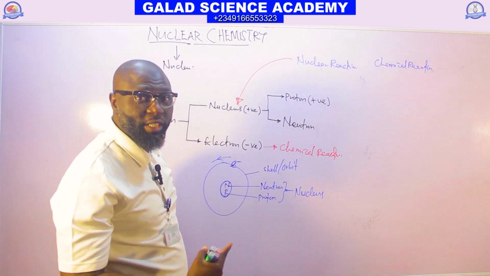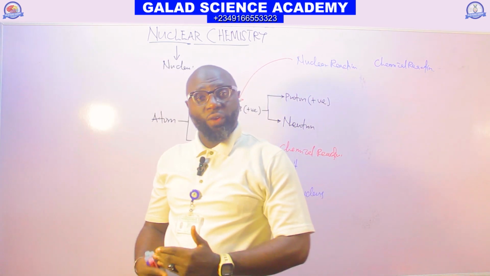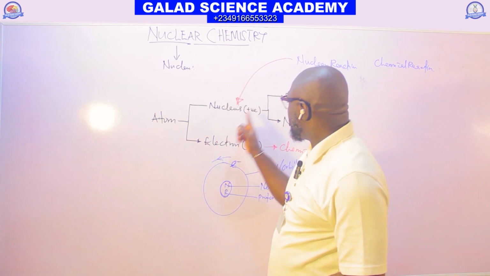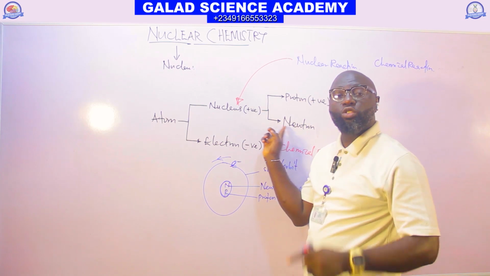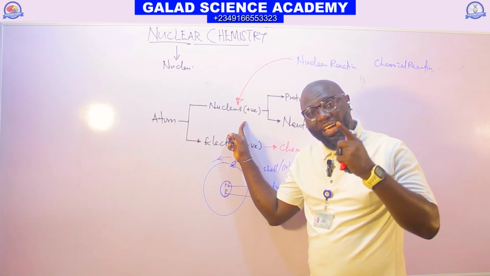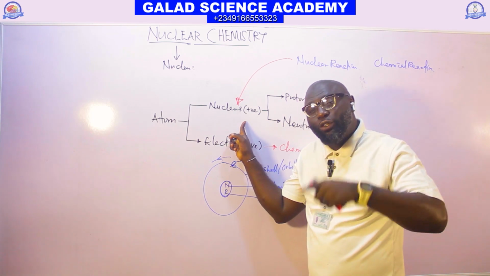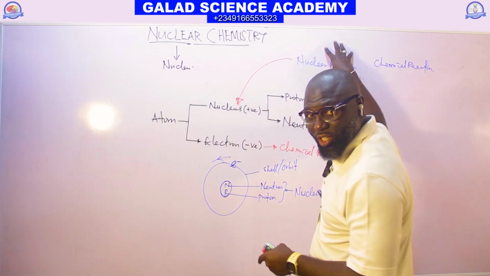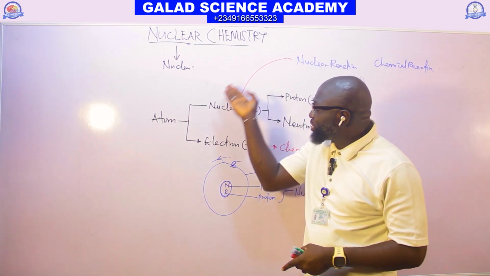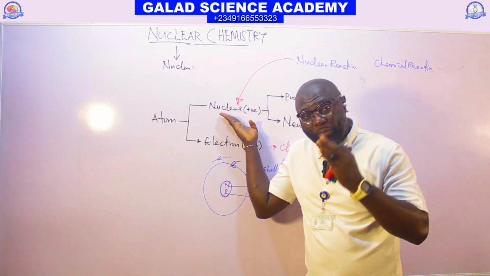Nuclear chemistry is a branch of chemistry that deals with the study of reactions or processes that involve the proton and the neutron in the nucleus of an atom. It is the study of nuclear reaction, which is the study of reactions taking place inside the nucleus.